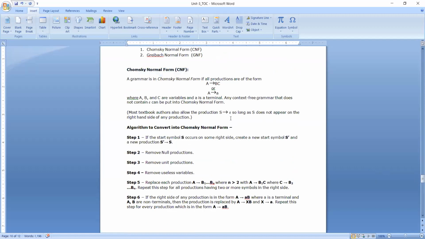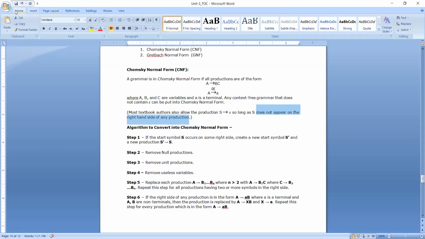Suppose you want an epsilon production to be available inside your grammar, then you need to make sure that the epsilon production variable does not appear on the right hand side of any production. Okay, that is what we need to make sure.